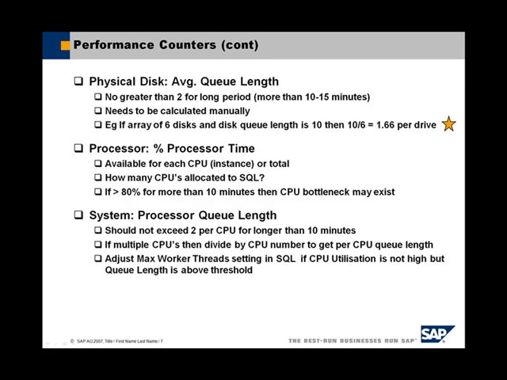That's all okay. Next one we need to look at is the percentage processor time, which is available for each CPU. We talked about how many CPUs you've got allocated to SQL Server. And again, an important point to note, if your percentage processor time is up over 80% for more than 10 minutes, then there's a good chance you've got a CPU bottleneck.